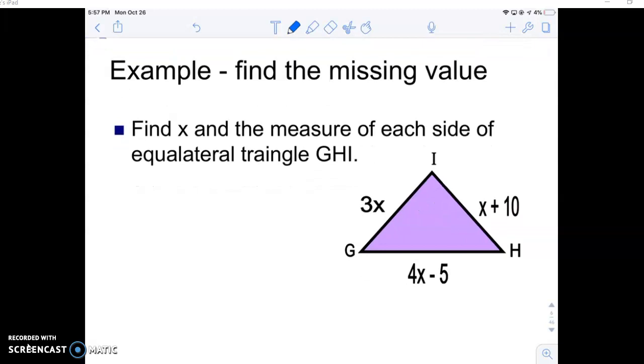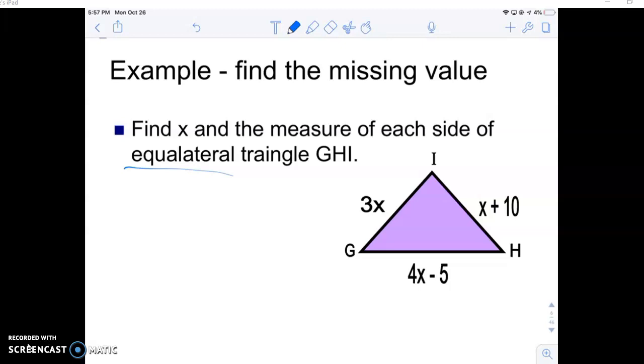Next, we have this figure here with each side given by an algebraic expression. What we're asked to do is find x and the measure of each side of this equilateral, and that's important, equilateral triangle GHI.